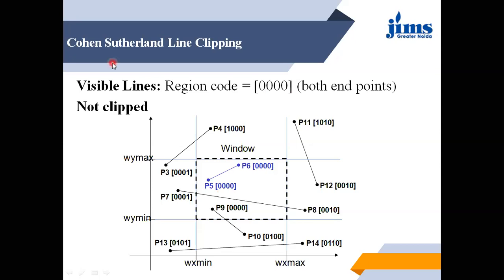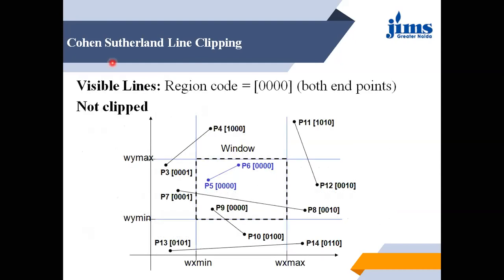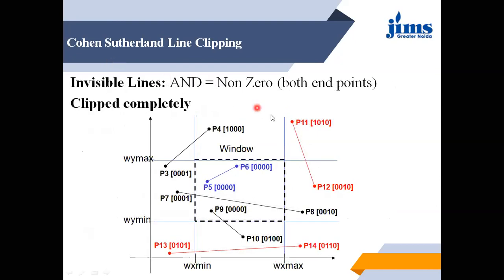Now the second case, that is invisible. Over here you can see there are two lines. First one is P11 and P12, and second one is P13 and P14.